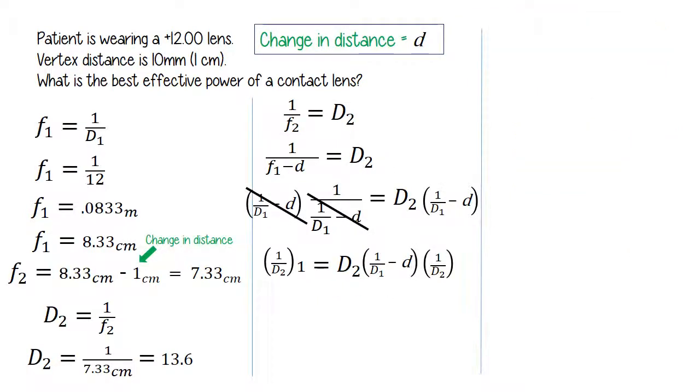Now we'll divide both sides by D sub 2 to get that D sub 2 by itself, because that is ultimately what we want to find. And on the right-hand side of this formula, we now have 1 over D sub 1 minus lowercase d. Let's find a common denominator and subtract.